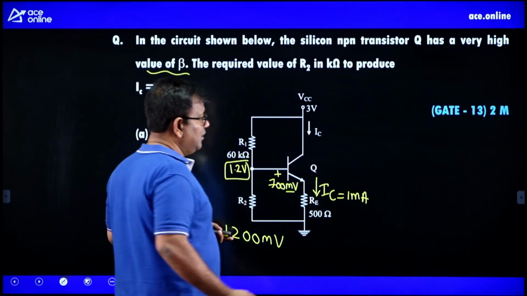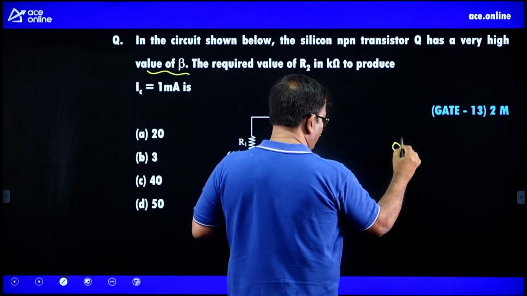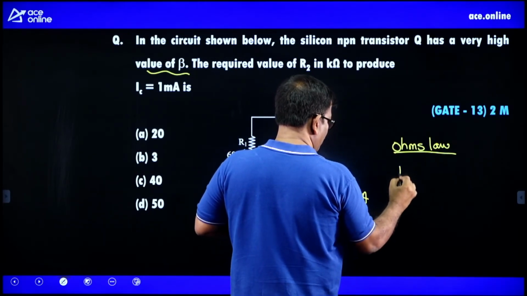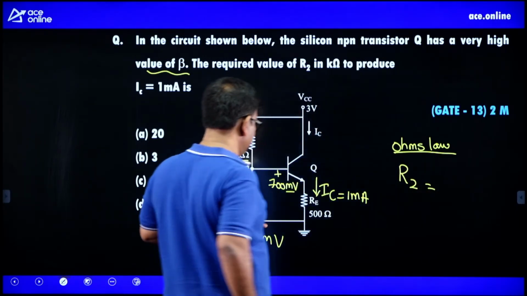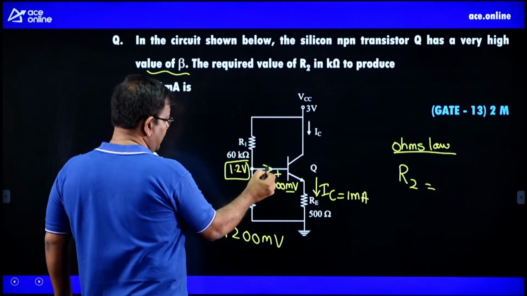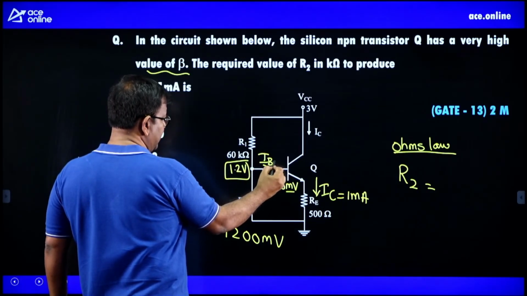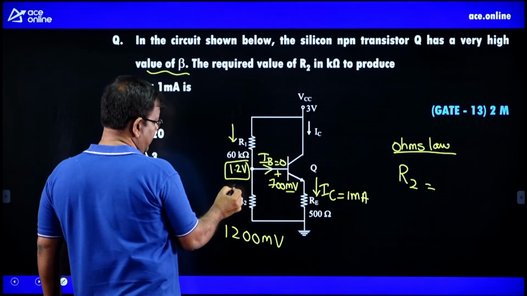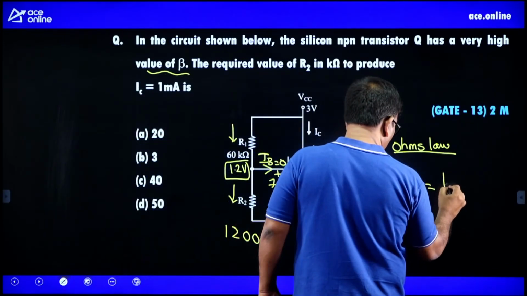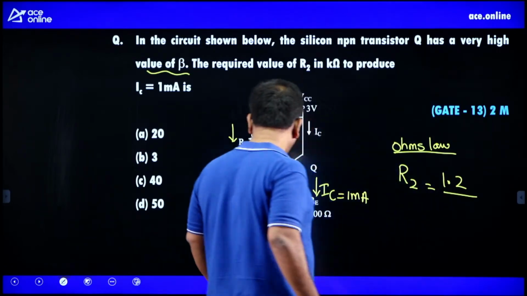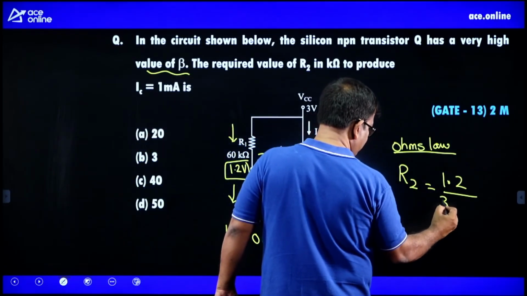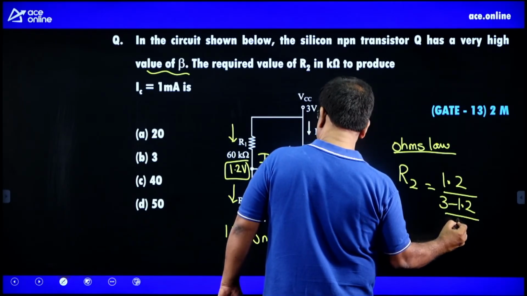So what is the value of resistance by Ohm's law? Ohm's law says that resistance is voltage by current. Since a large value of beta means IB is neglected, this current and this current both are going to be same. So resistance is voltage divided by current. Current is (3 minus 1.2) by 60K.